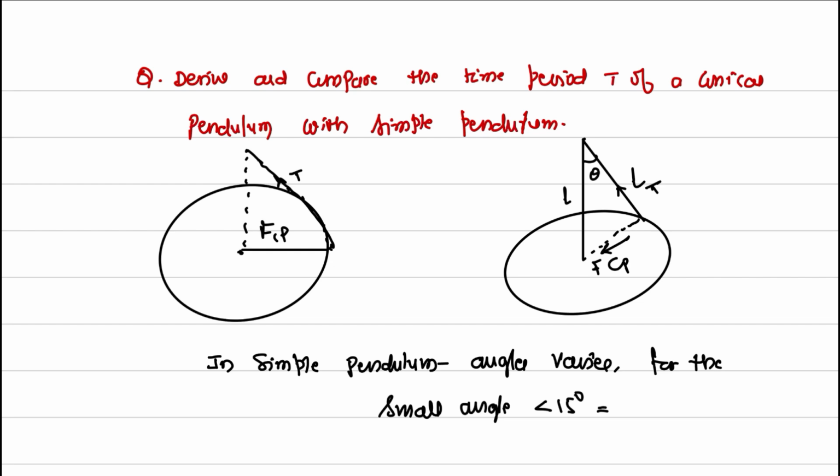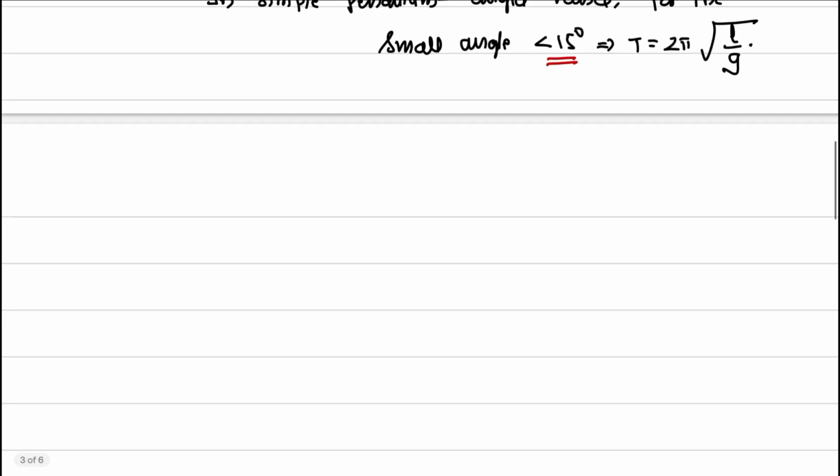For less than 15 degrees, T is equal to 2 pi into square root of L by g. That you please remember. I have taken this value from the literature. You can also review it. If there is any slight change with the latest literature, you make that amendment. But approximately it is about 15 degrees.